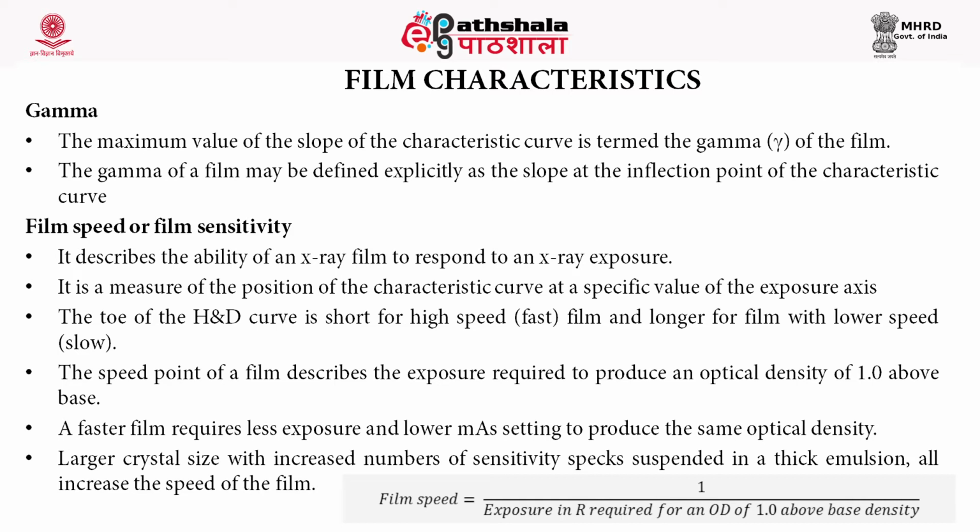So, the film speed is defined as the reciprocal of exposure in Roentgen required for an optical density of 1 above base density. Now, we need to understand the concept of sensitometry and the quality control of the film.